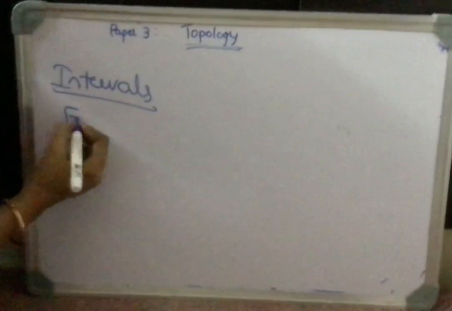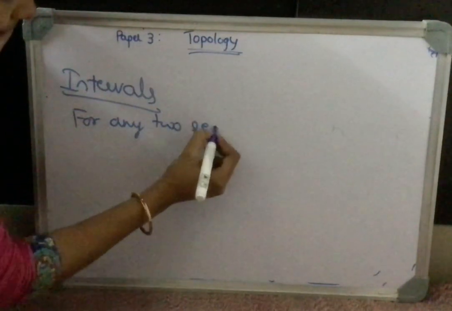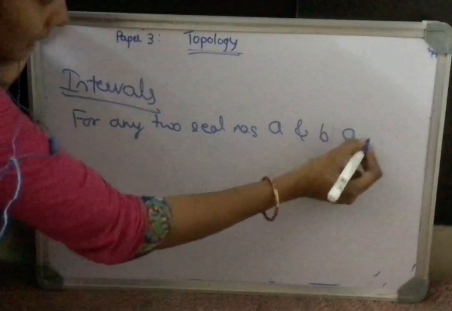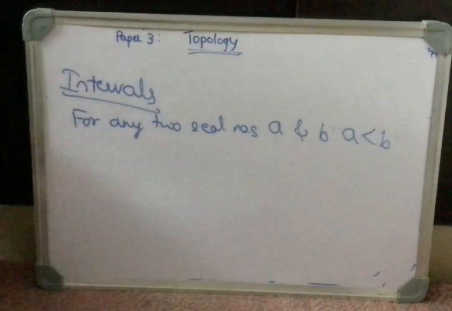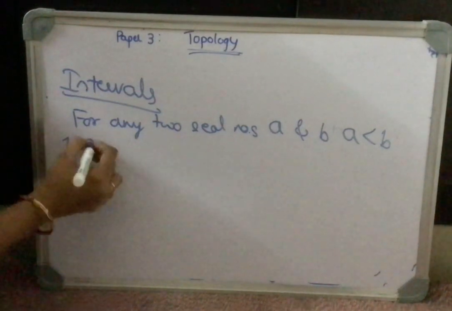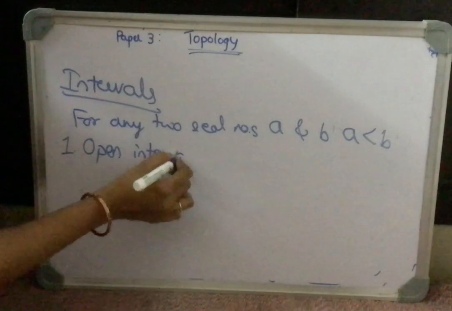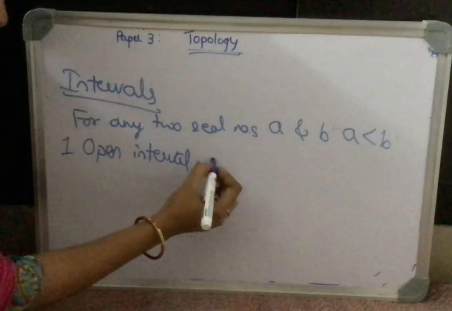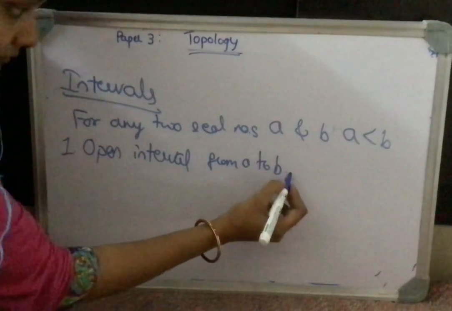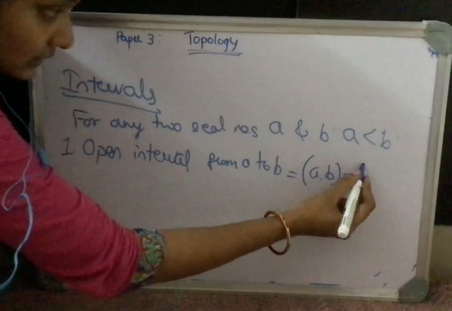For any two real numbers A and B, with A less than B, the open interval from A to B is denoted like this.